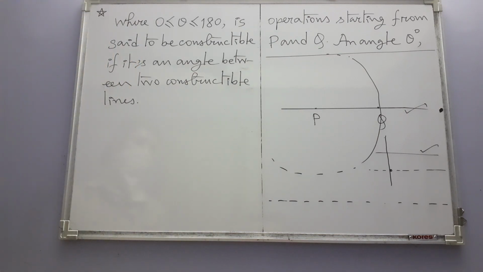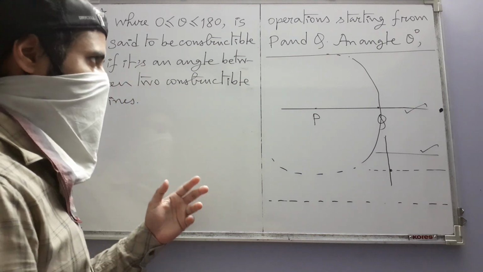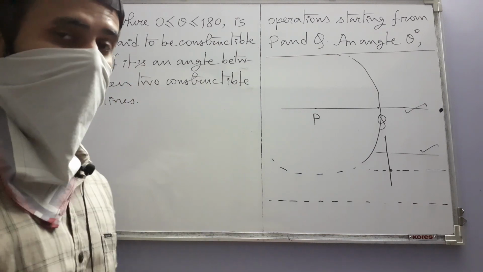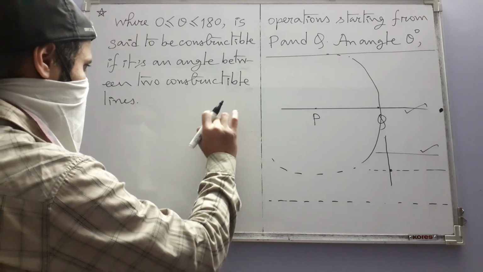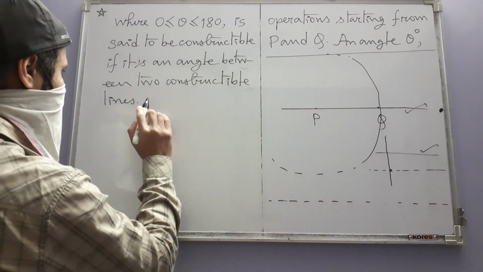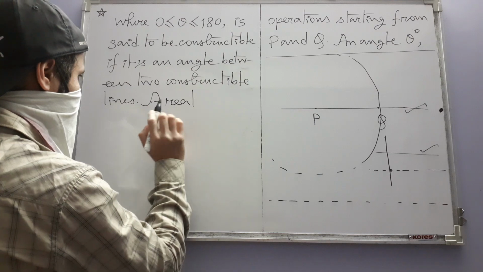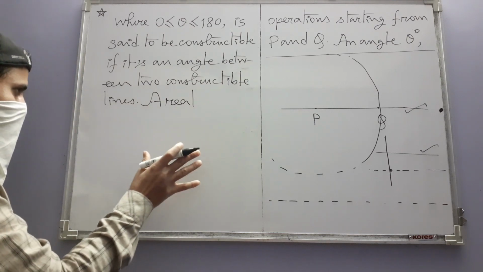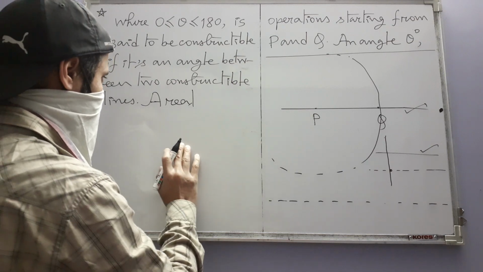If it happens to be an angle between two constructible lines, then we will call it a constructible angle. And now finally we come to that thing that a real number is constructible. So that small mistake that the author made, we are going to rectify it naturally like this.